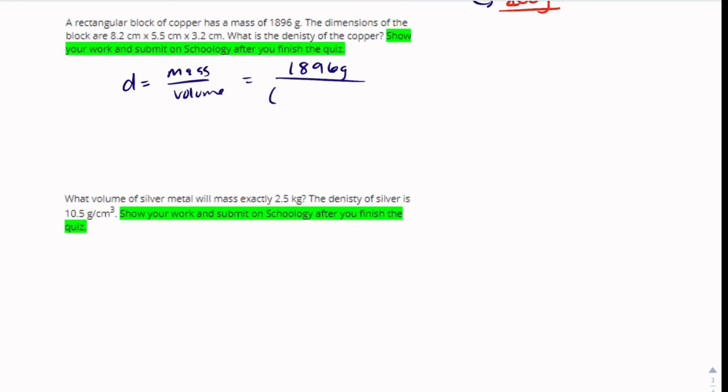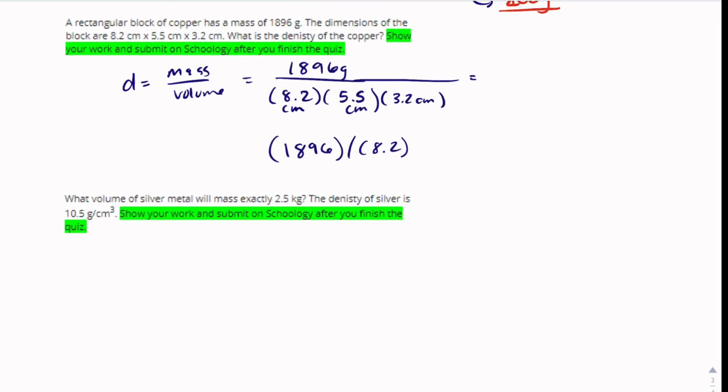You can do the volume in a separate step if you want, but this is 8.2 centimeters times 5.5 centimeters times 3.2 centimeters. So when I plug this into my calculator, 1896 grams divided by 8.2 divided by 5.5 divided by 3.2.